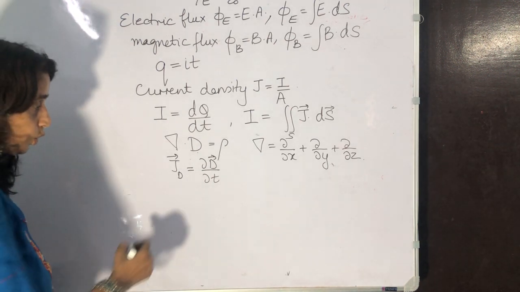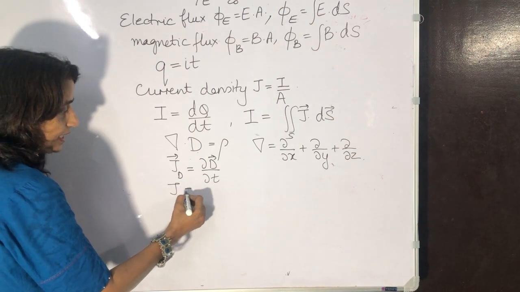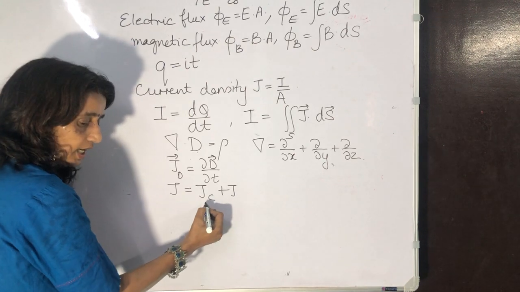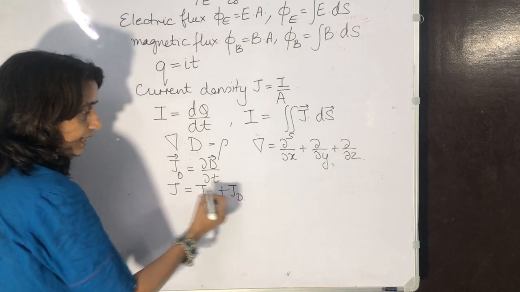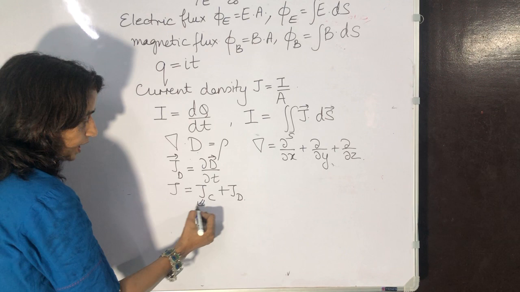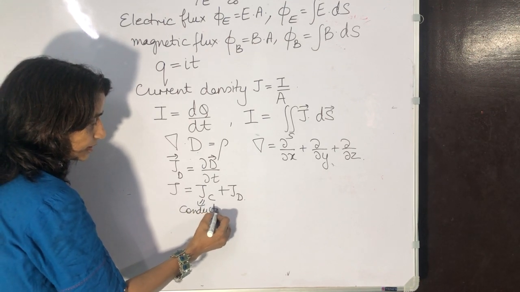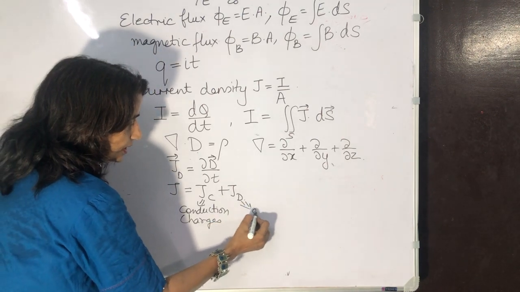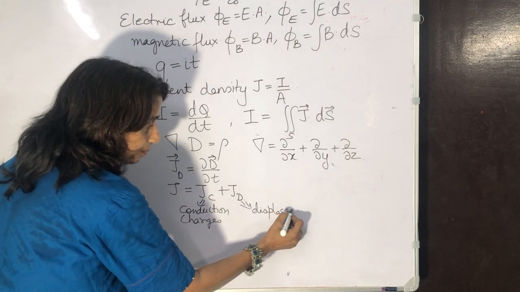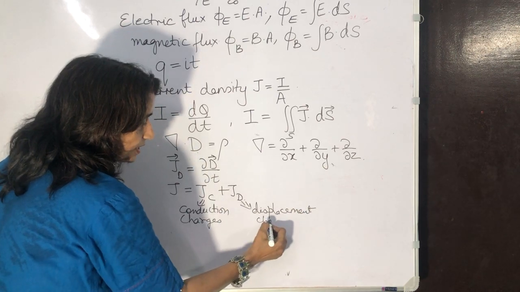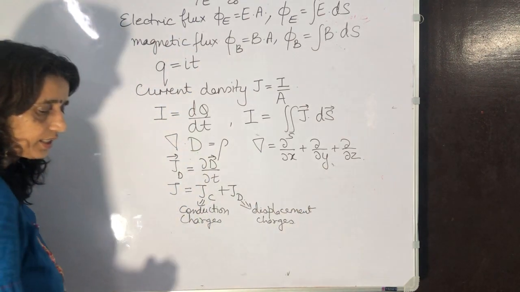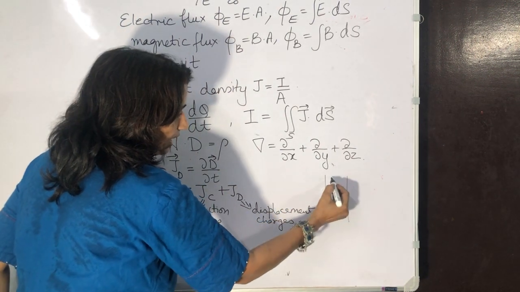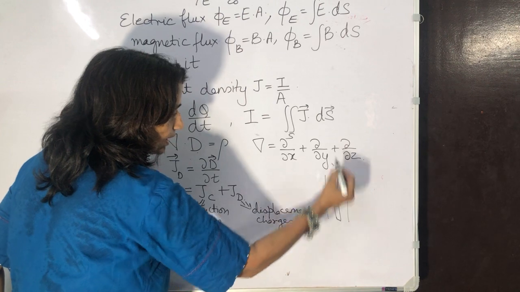Then the total current density is equal to the sum of current density due to conduction charges and the ones that have been displaced, that is the displacement charges. You will get a more clear picture of this when I say that in a capacitor I insert a dielectric.